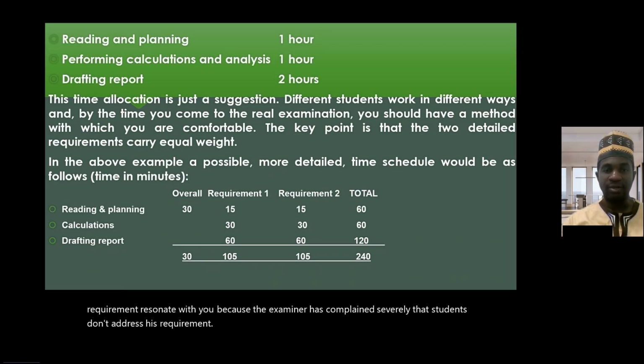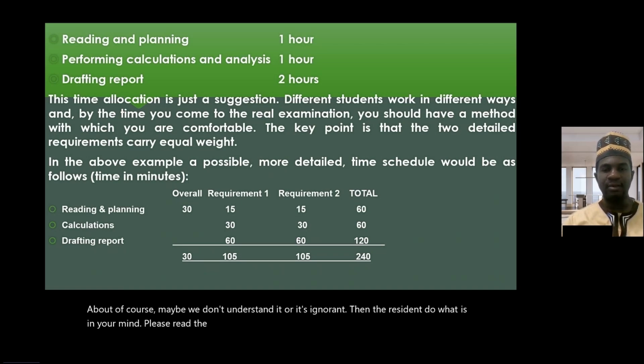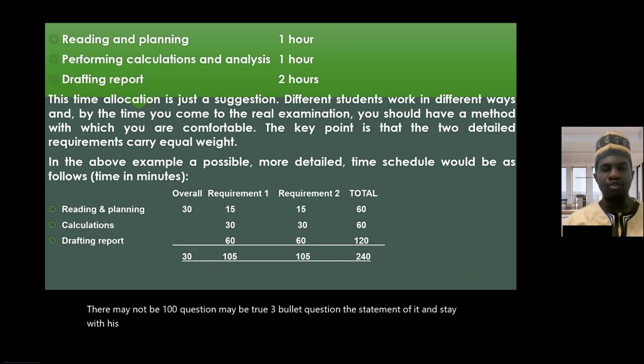That's because maybe they don't understand it, or it's beyond them, so they decided to do what is in their mind. So please read the requirement for 15 minutes. Take note of the combos and the additions. It may not be a one bullet question, it may be 2 or 3 bullets. Please take note of it and stay with his question. Address his question squarely, strictly.